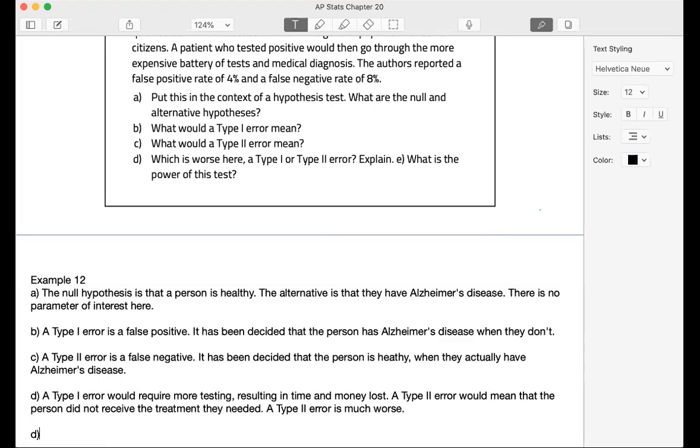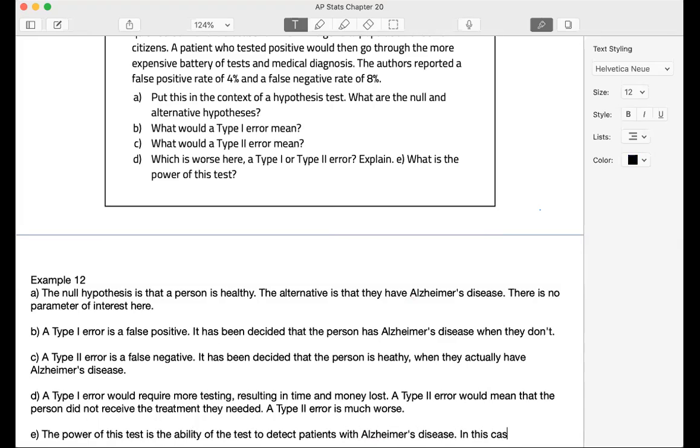And then lastly, part E, the power of this test is the ability of the test to detect patients with Alzheimer's disease.